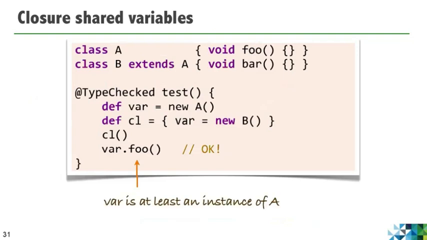It's at least an instance of A. If you had tried to call bar, obviously it would have complained because the closure might possibly not have been called, and then you wouldn't have it there.